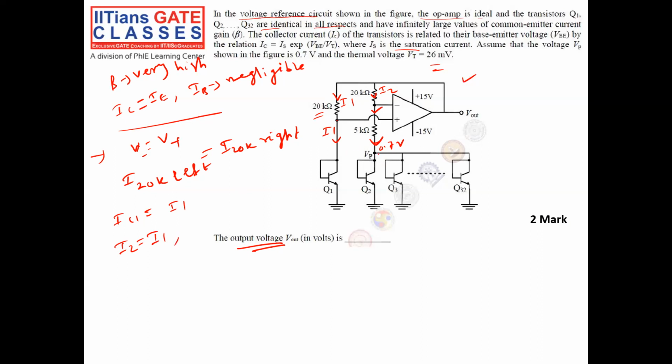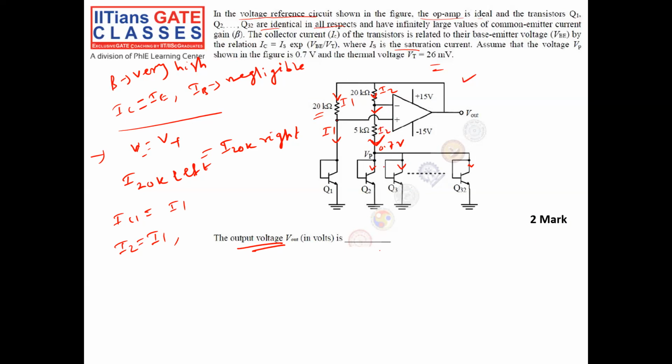Another thing you know is, since the transistors Q2 to Q32 are in parallel, all the current that is coming divides equally between all the transistors. So the current I2 is coming.